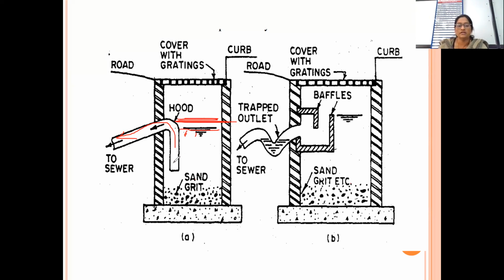In another earlier design it was not possible like this because the outlet was provided here. The way the water moves in this direction, the foul smell also moves in this direction immediately. But in this design it is not possible, because we are maintaining the water level up to this, and one more provision is done here.